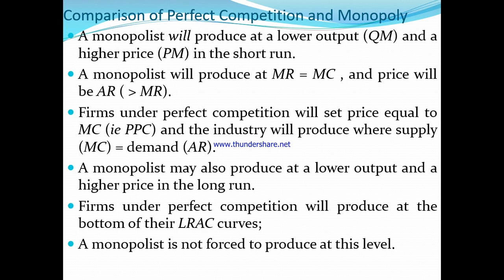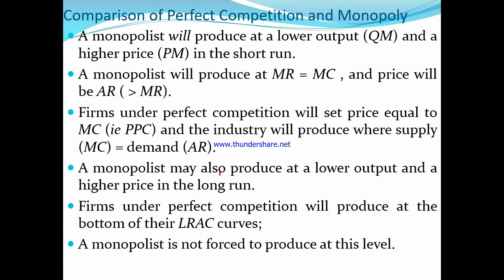But for a perfectly competitive firm, you cannot produce a lower output and sell it at a higher price, because you cannot even influence price. You don't have this power.